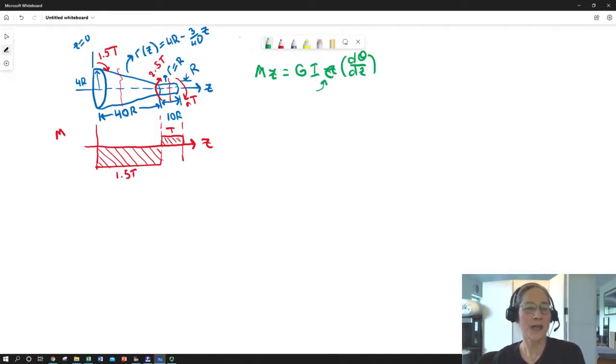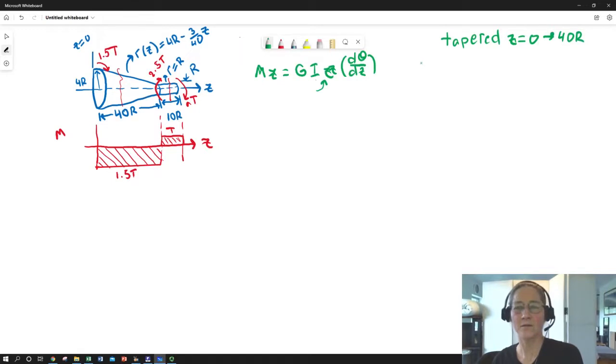So if I'm looking at this first section, the tapered section, z goes from 0 to 40R.